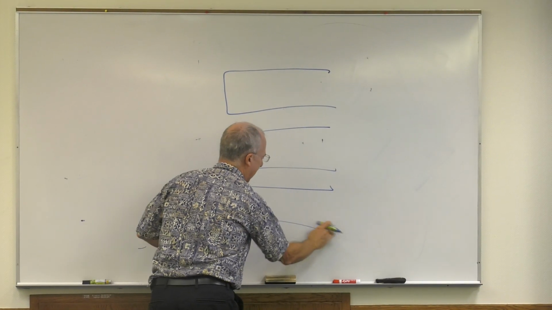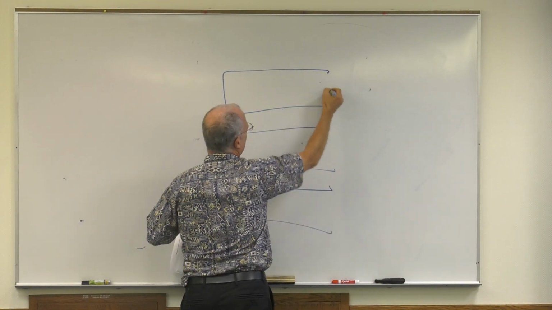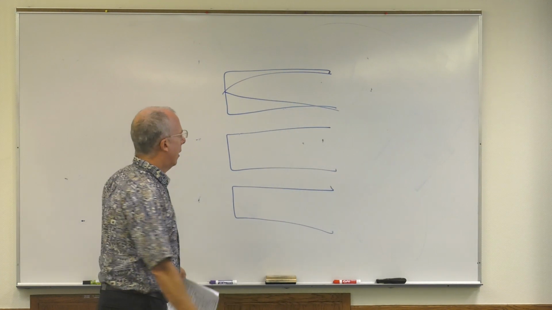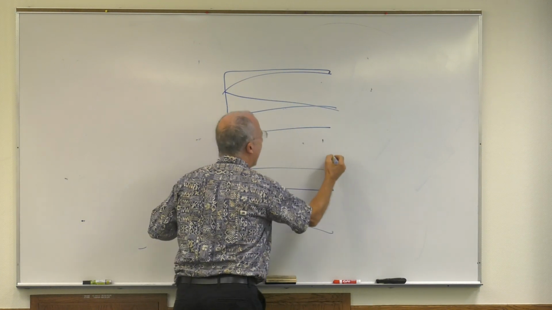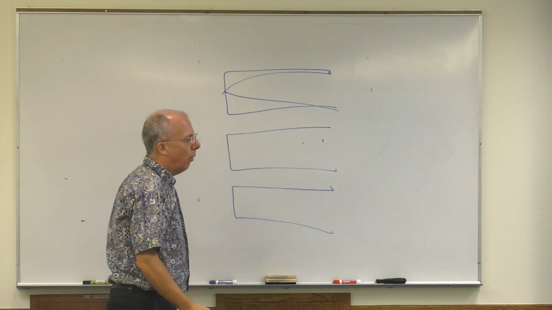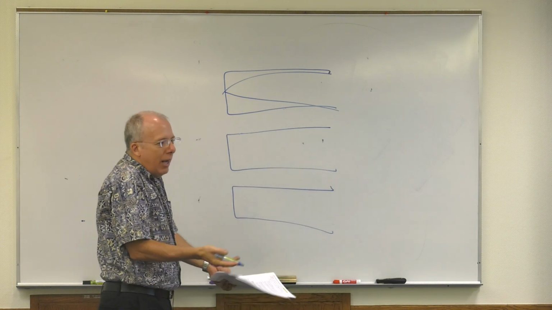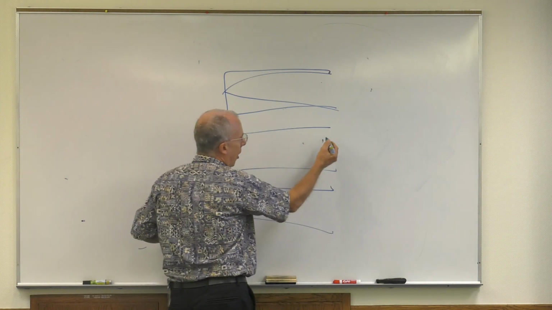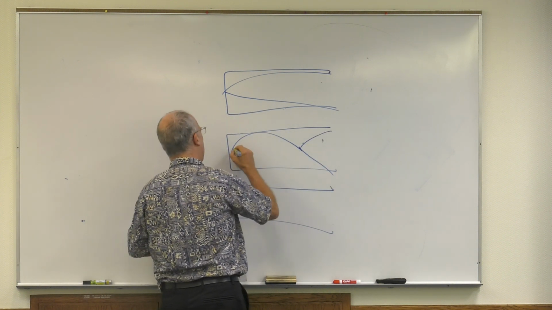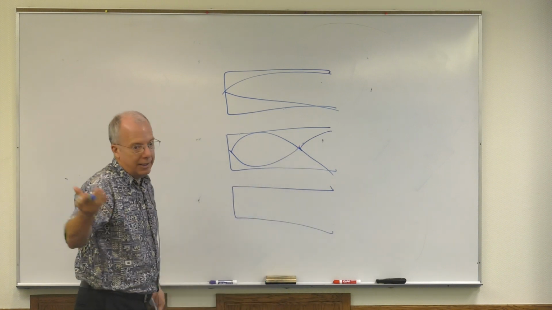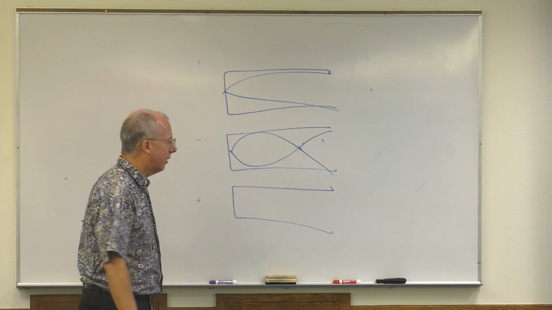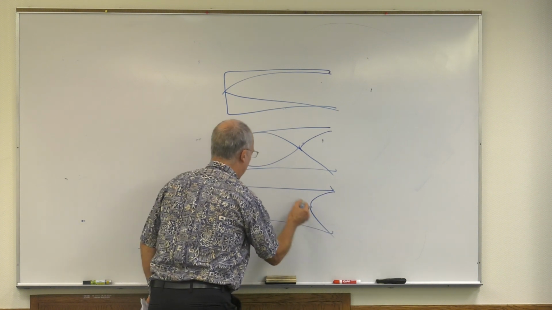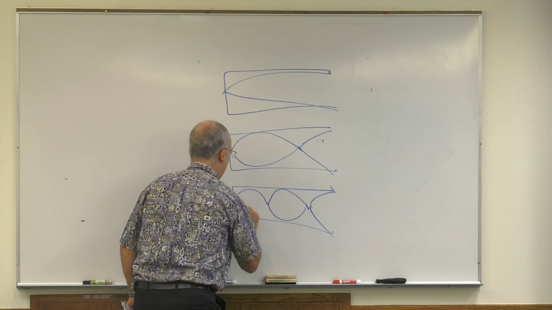So for this one, this is an antinode. This is a node. For this one, again, this is an antinode. This is a node. So how many half wavelengths can you stick in there, or quarter wavelengths or whatever? This is all you can really do, right? Try to get something smaller than that. You can't. So for this one, here's this guy, and then that one, and then that one.